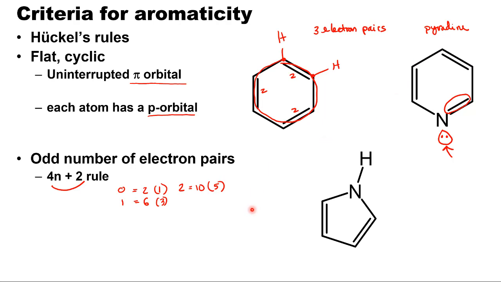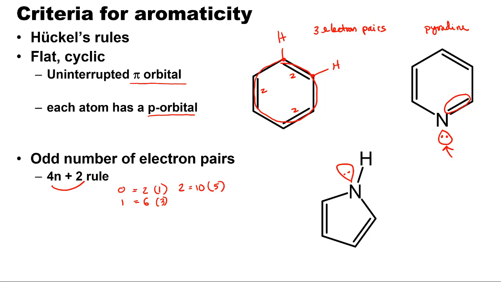Now take a look at pyrrole. Pyrrole is just shown down on the bottom of the slide here. Now the nitrogen has a lone pair on it. It looks like this. Right? So here's the thing. If one pair of electrons can contribute on an atom for delocalization, and especially for aromaticity, it contributes.